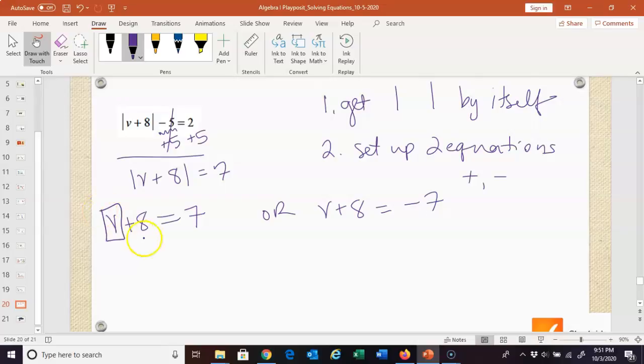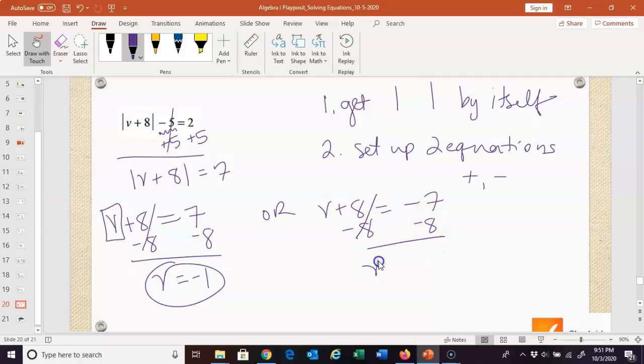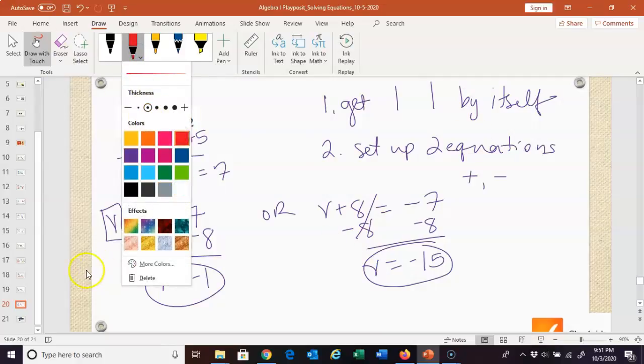We'll get v by itself, so we'll subtract 8 on both sides. v is -1. Same over here, we'll subtract 8 from both sides. v is -15. Oh, this is the first one where it didn't give us a fraction. Interesting. All right, now we take these values and we plug them into the original equation.